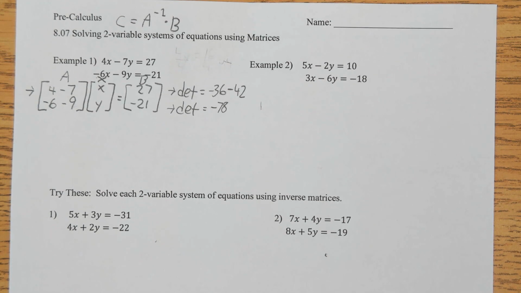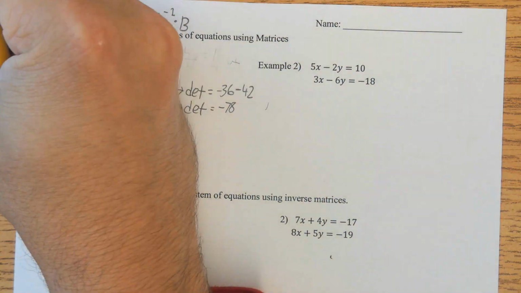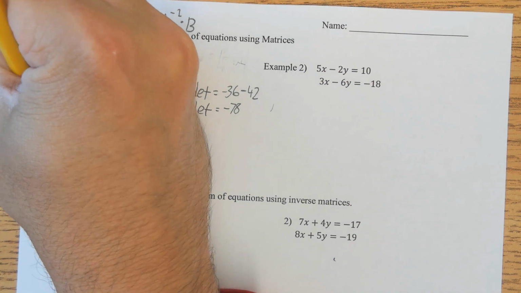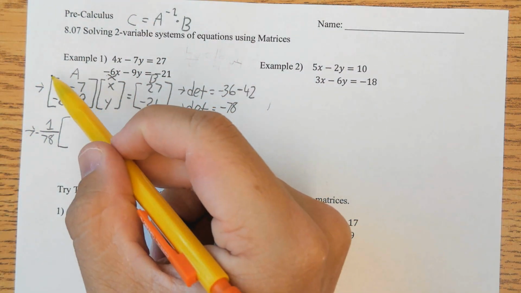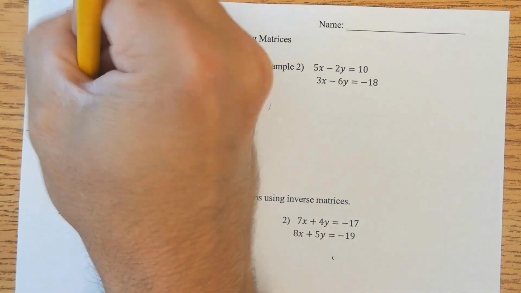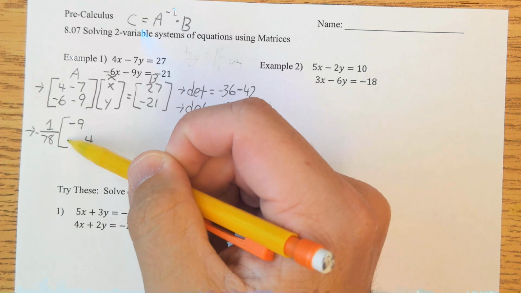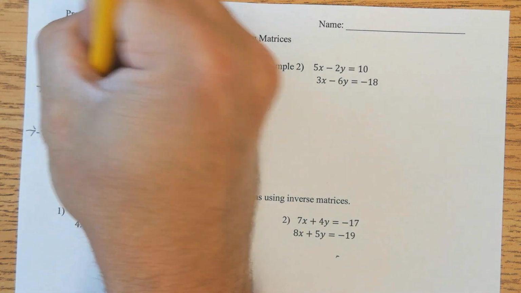Okay, all right, so now that we've done that, we need to go ahead and find the inverse here. So how does it look? We're going to have 1 over the determinant, so -1 over 78, times, remember what happens here, I flip A and D, so -9 and 4, and then I just change the signs of C and B to be positive, positive.